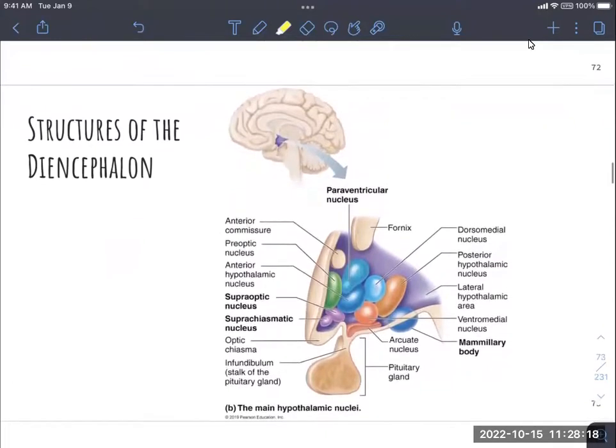You can see the hypothalamus has all these different nuclei in there. A lot of them, each of those little balloons, it kind of looks like, all deal with different information. And then we have that infundibulum that attaches that pituitary gland to the actual brain.